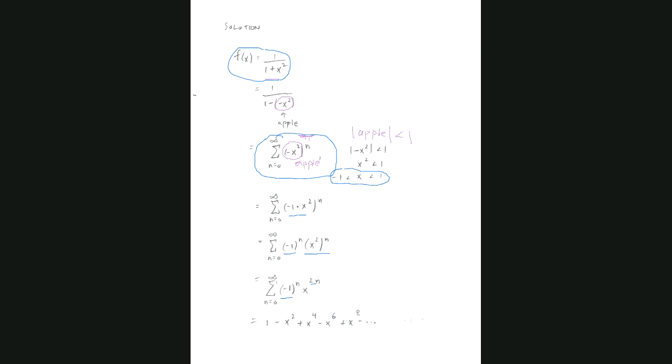And so this is going to be your power series right there. Your power series is n equals 0 to infinity of negative 1 to the nth times x to the 2nth power, but I've written out just some terms of the power series.